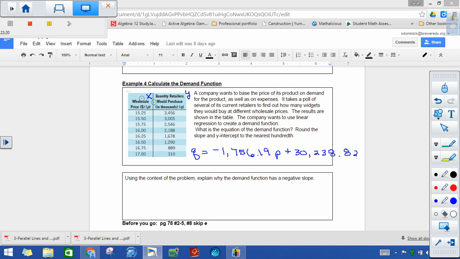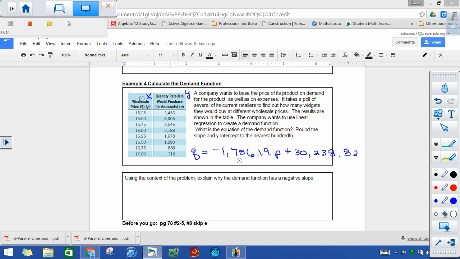In terms of this equation, x becomes the P, the wholesale price, and y becomes Q, the quantity retailers would purchase. So this is saying the quantity the retailers would purchase is going to be this crazy number times the price that we're going to set it at, plus $30,238.